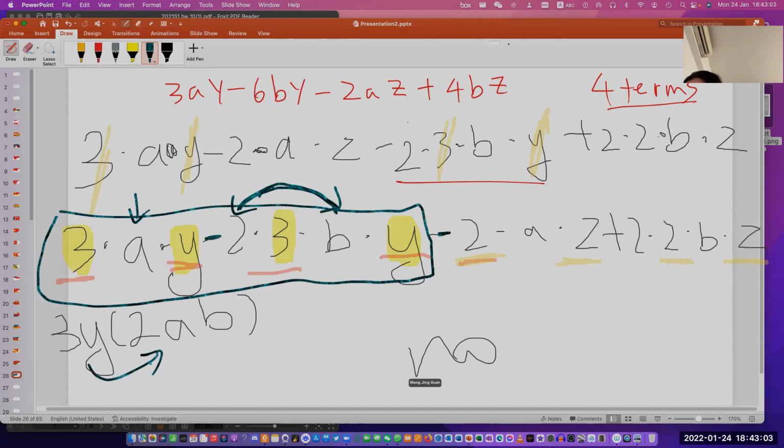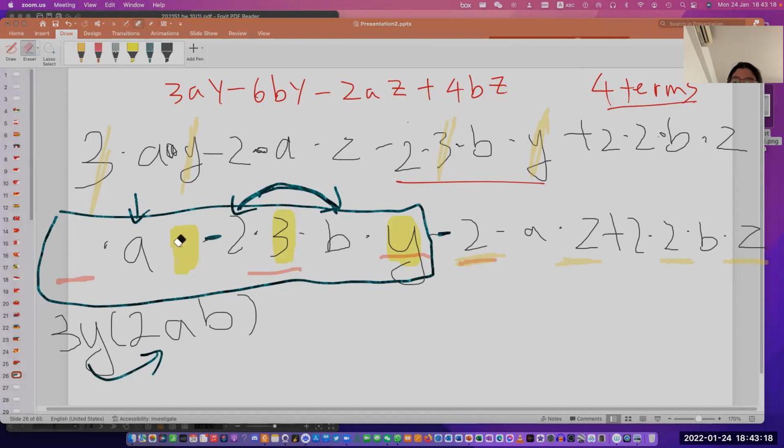Yeah, no, so you're wrong. When you take out the 3y, you are actually trying to erase your 3y. So let's say you erase the 3y, correct? So what you end up with should be inside the bracket.